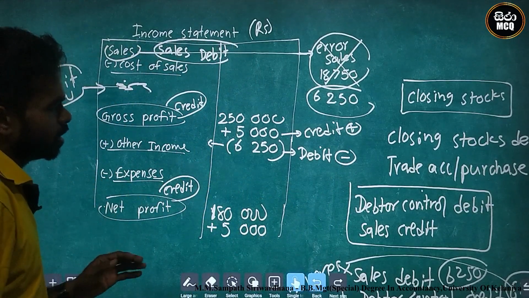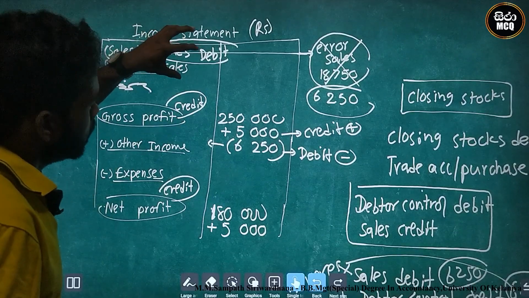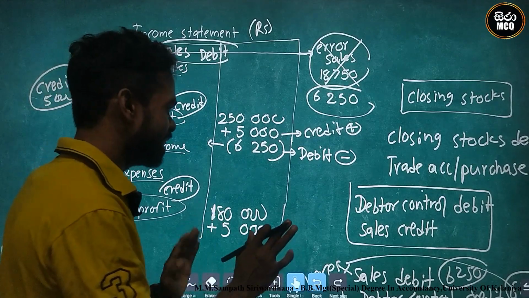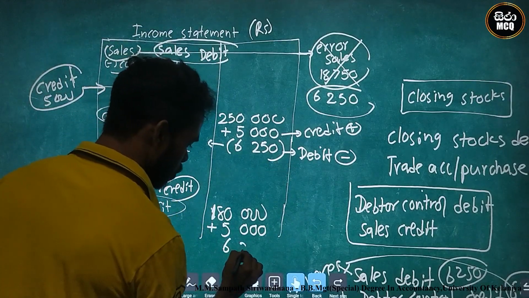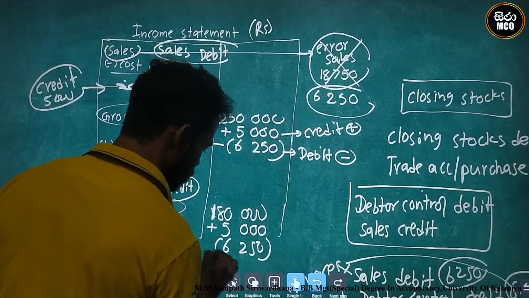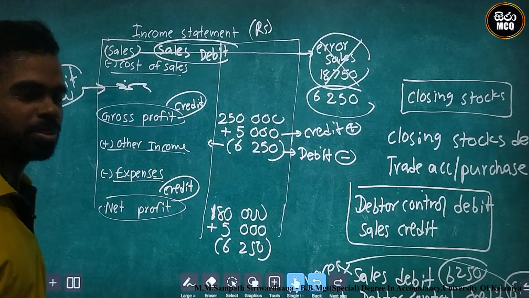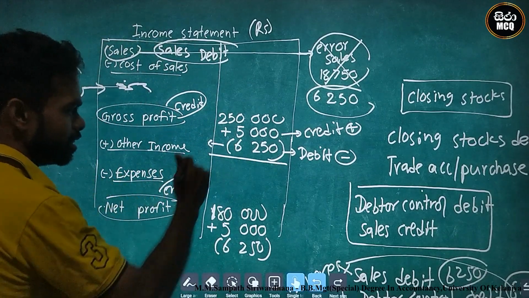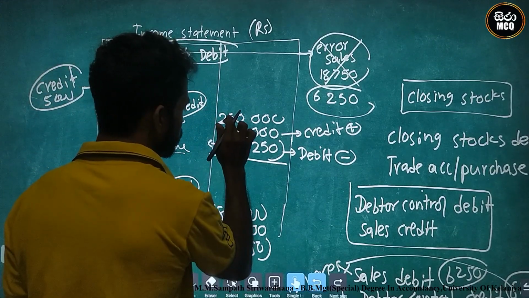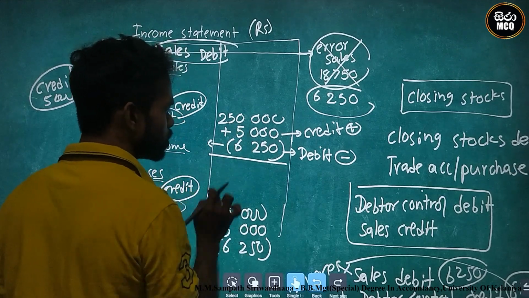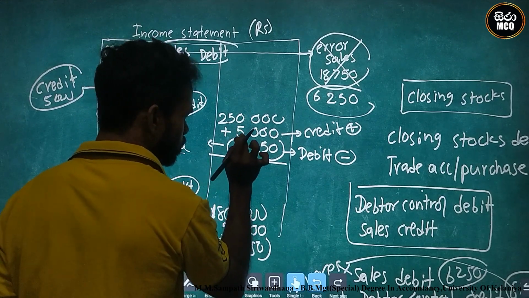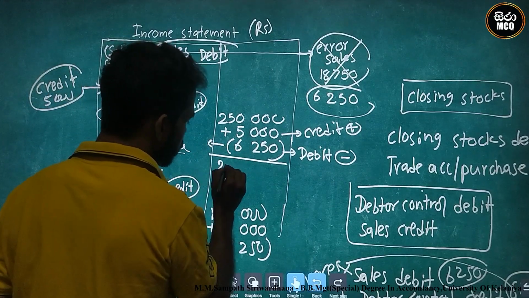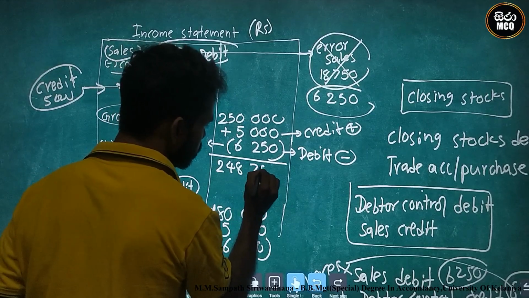Okay, after that, this is the top of the area was impacted. Therefore, net profit should be impacted again. 6,250 should be deducted from net profit. Okay, this is the impact. What is the answer? This is the correct one. 250,000 add 5,000 and minus 6,250 is 248,750.